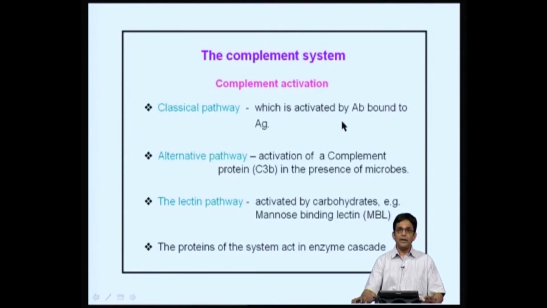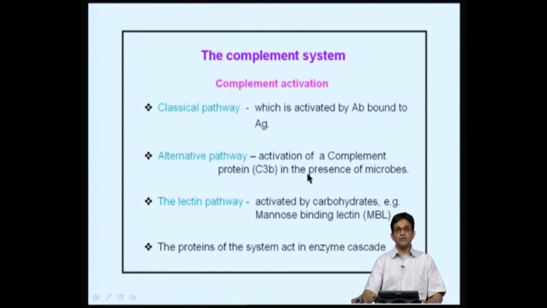But in terms of innate immunity, one of the ways that it plays an important role is through the alternate pathway, where you have the activation of complement protein C3b, which binds to certain microbial surfaces and then gets activated and remains activated, as a result of which the cascade initiates.